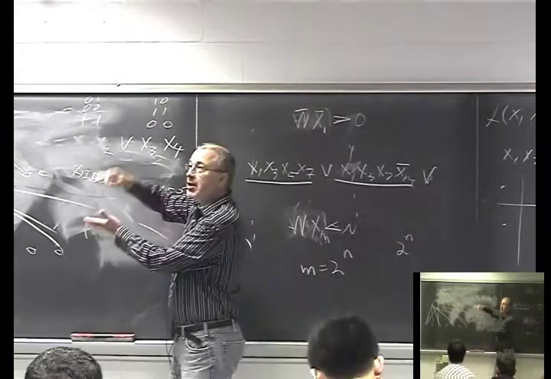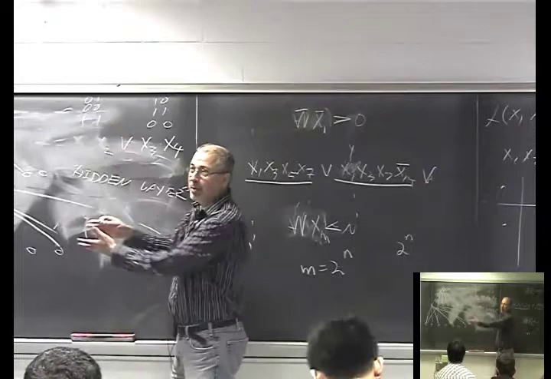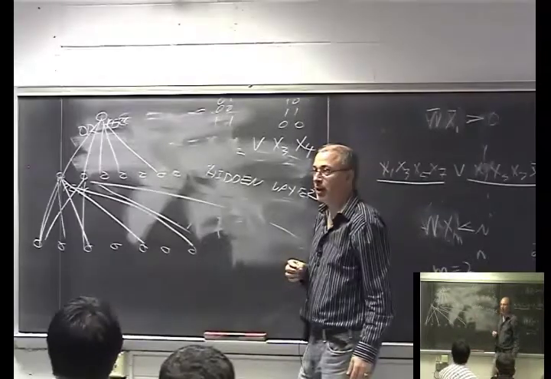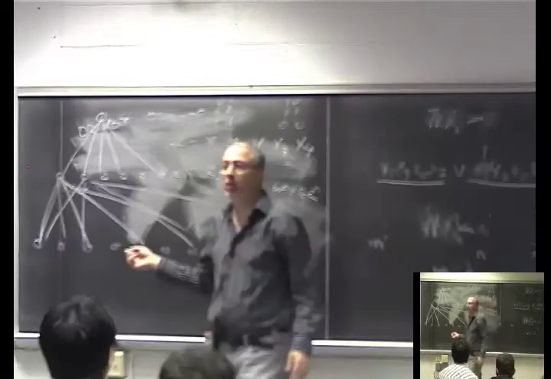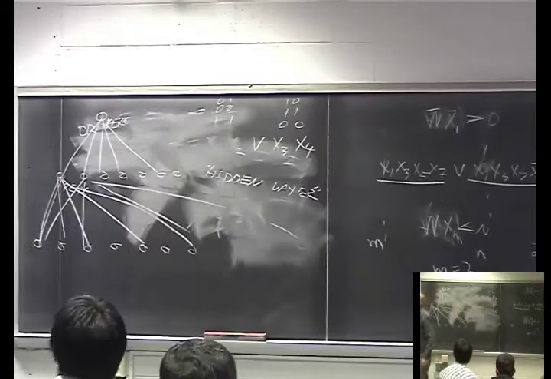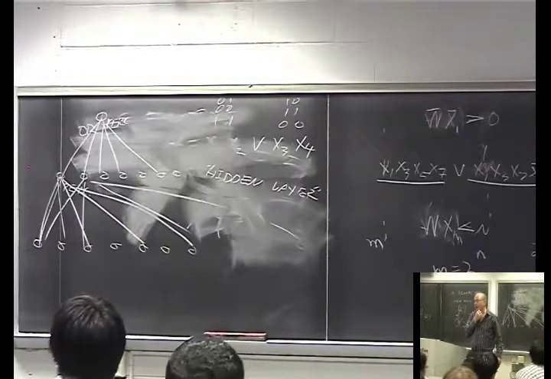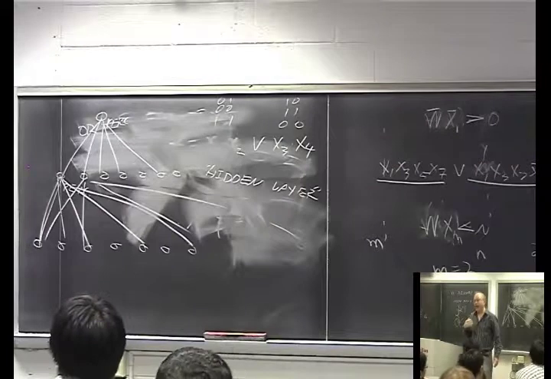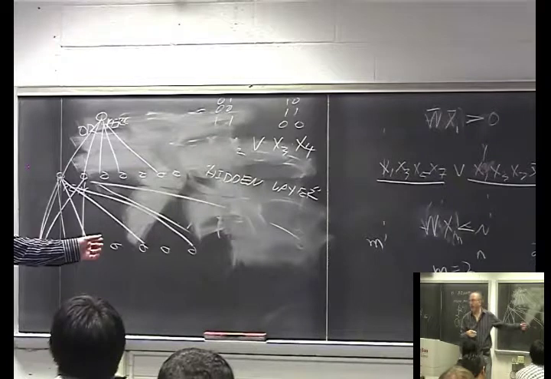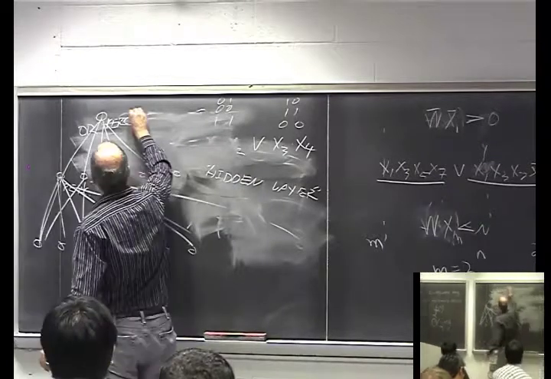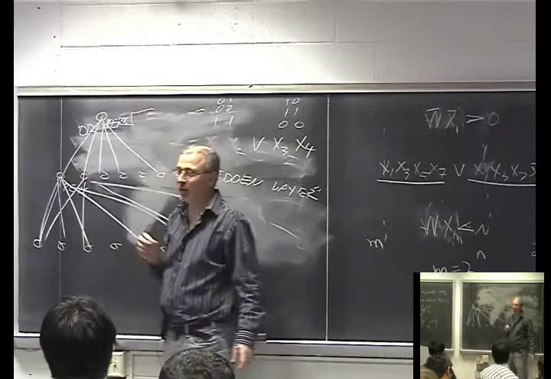So the good news is it doesn't have to be very deep, but it could be exponentially wide, which is not great. Okay, there's an extension of this to continuous functions. Any continuous function can be approximated by a network of this type, where you don't apply the threshold here, obviously, because then you don't have a continuous function.